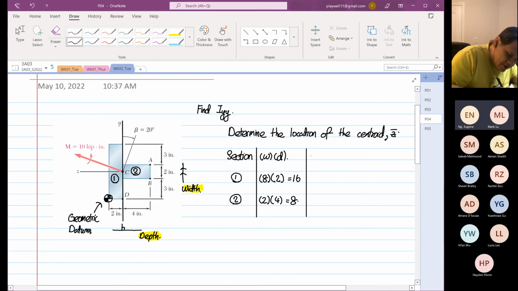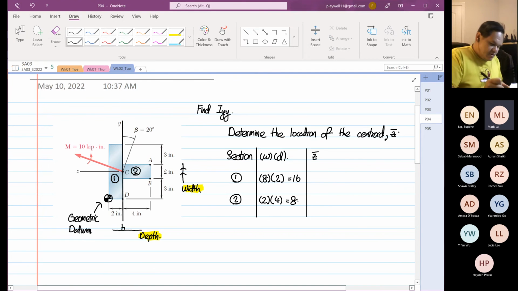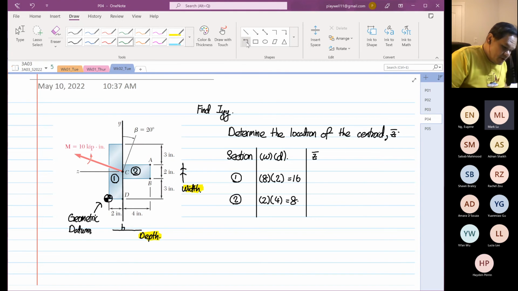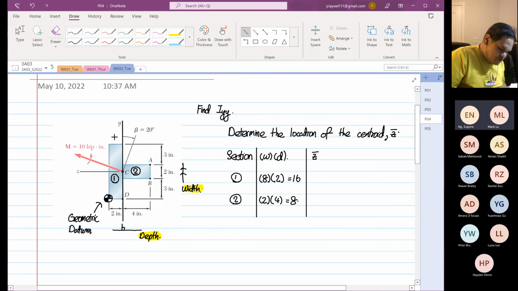Then the next one, you're going to find your Z bar, the small Z bar. I'm going to draw them in green. It is the individual centroid. So this is the individual centroid for 1, and this is the individual centroid for 2.